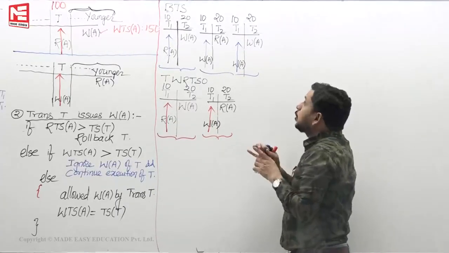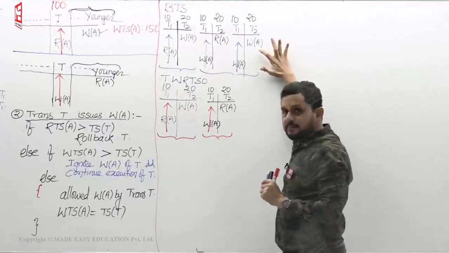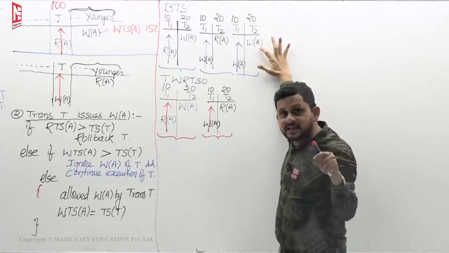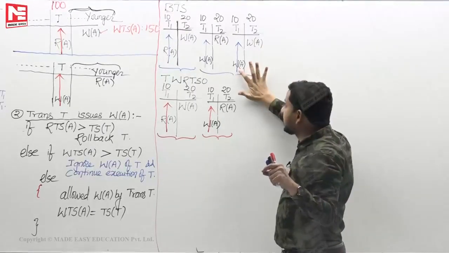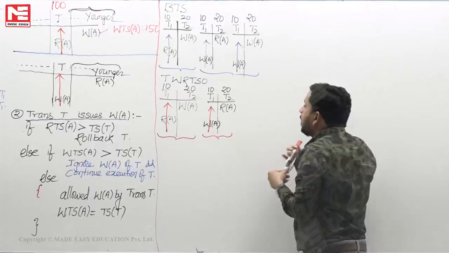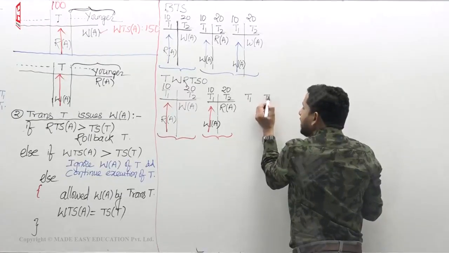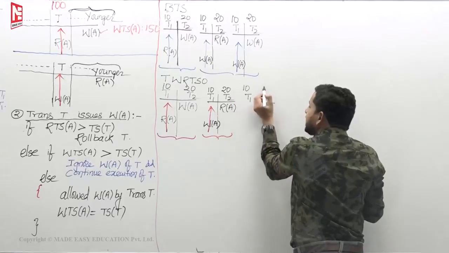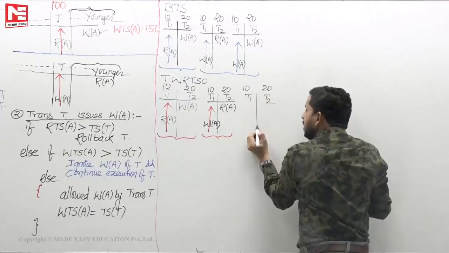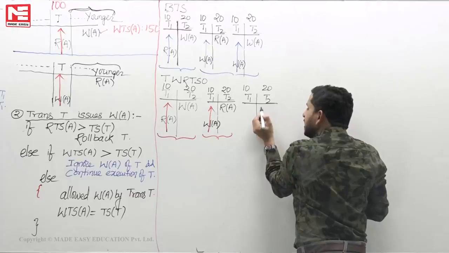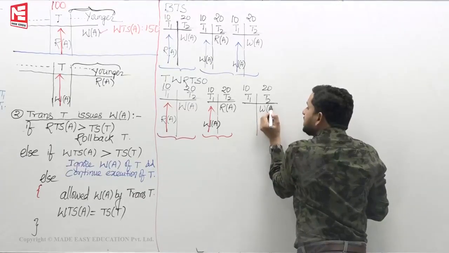And the third rollback in the basic timestamp: if a younger transaction writes the data, then the older transaction's write request causes rollback. But there is a small change in Thomas write rule timestamp ordering. Assume the younger transaction only did the write, not the read.